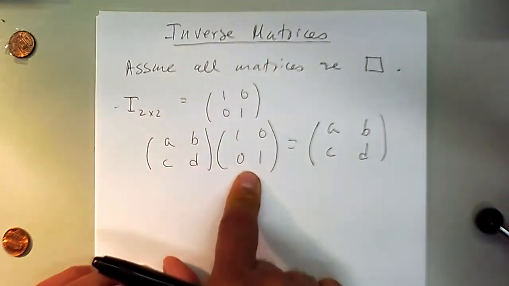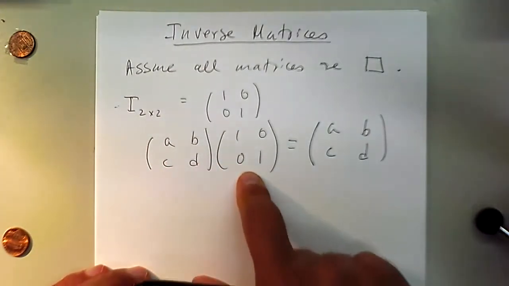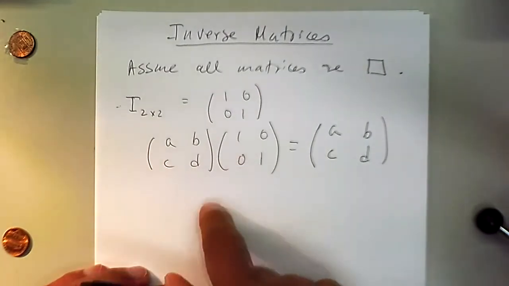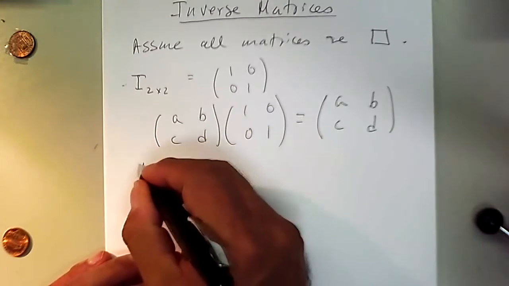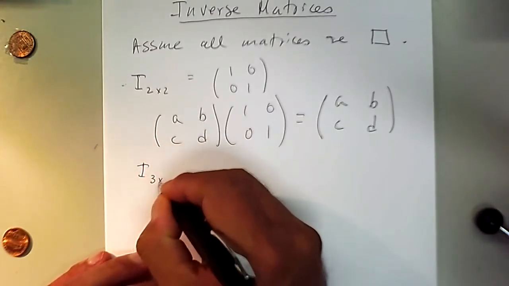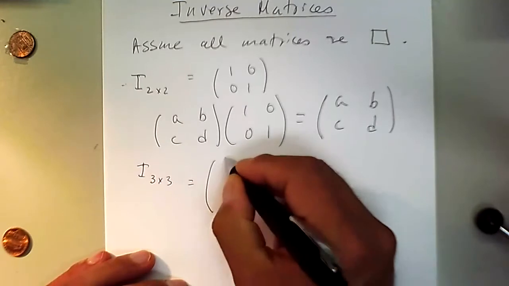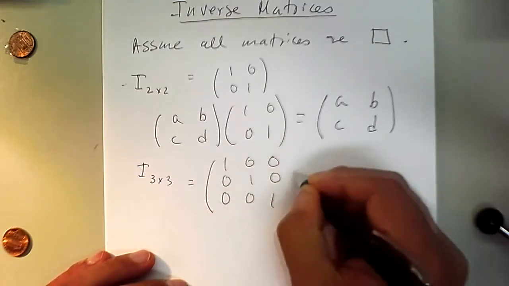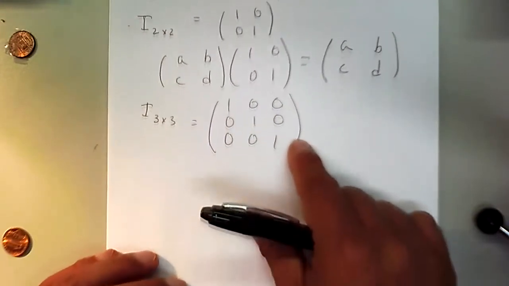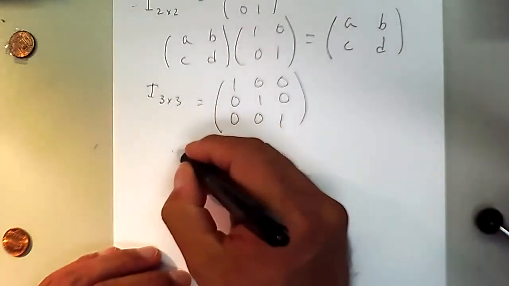That is a special matrix. Now, we have an identity for each dimension. So a 3 by 3 matrix would have a 3 by 3 identity matrix. 3 by 3 would be, of course, the matrix 1, 0, 0, 0, 1, 0, 0, 0, 1. I think it is clear, but let's do it real quick.